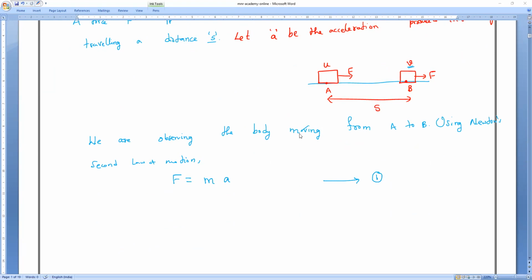Listen everybody, in our NCERT book and in the method I taught you before, wherever you go, people take a body that is already having some velocity and is brought to rest after traveling a distance s.